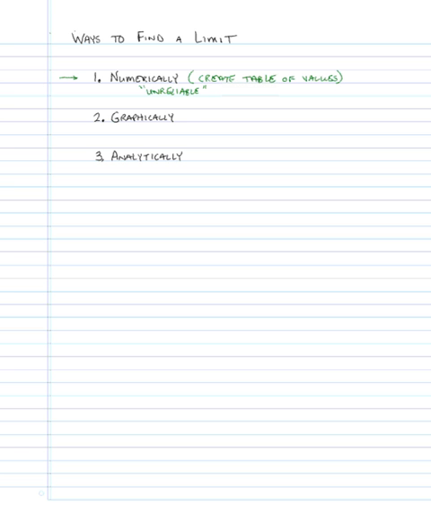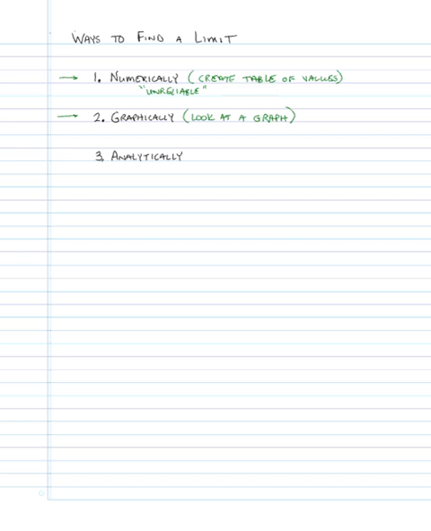The second method, as you see listed here, is we can find a limit graphically. And that really means that we're going to look at a graph and make the decision. Now this works really well when the graph is already there for us to look at. If we're having to create the graph, of course, that makes it more difficult.